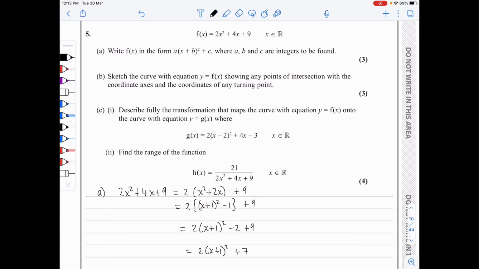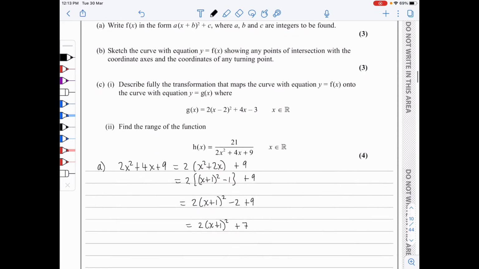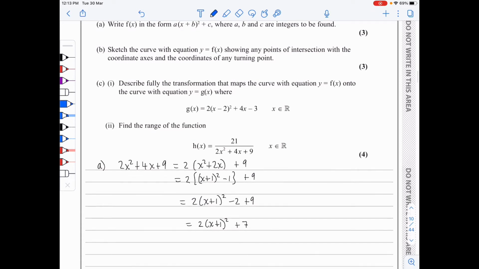Now, if you are not in the mood of completing the square, an alternative approach would be equating coefficients. So you've got 2x squared plus 4x plus 9, and you set that equal to a(x plus b) squared plus c, which is ax squared plus 2abx plus ab squared plus c.